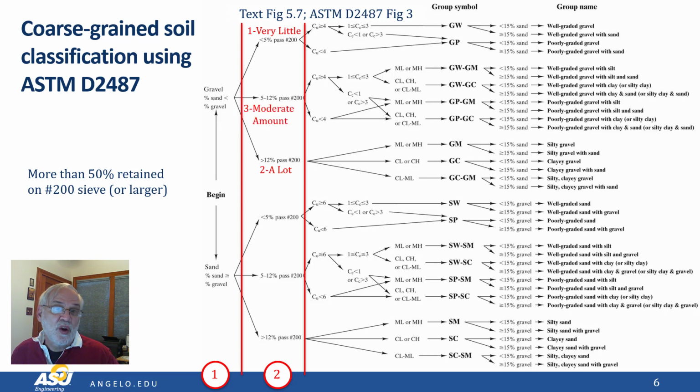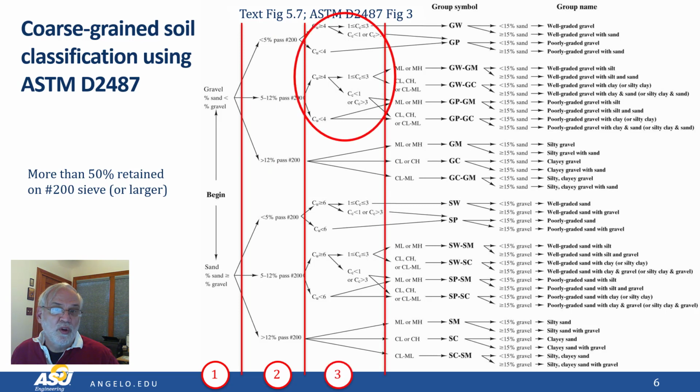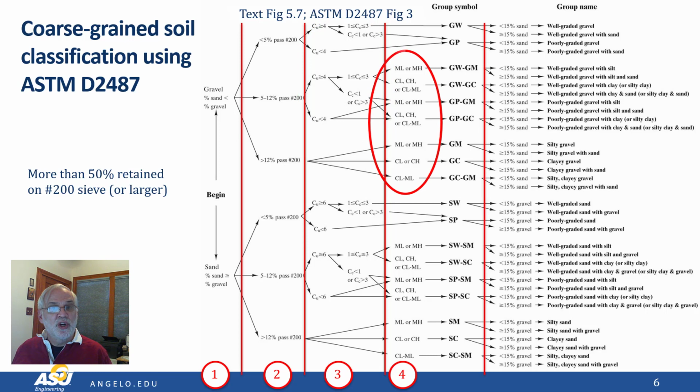Otherwise, it's a category 3 soil with a moderate amount of fines. The third step is to determine if the soil is poorly or well graded. This applies only to soils with less than 12% fines. The fourth step is to determine the classification of the fine grained portion of the soil. This applies only to soils with more than 5% fines.